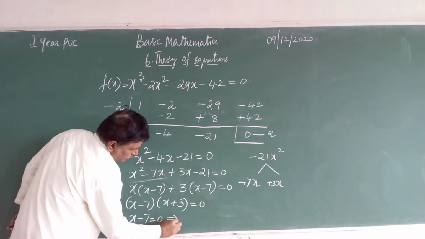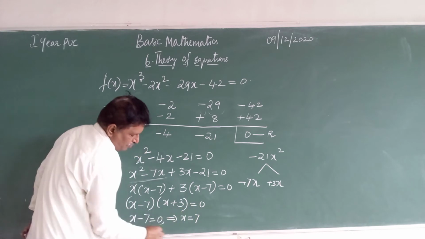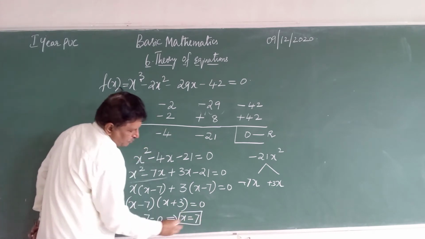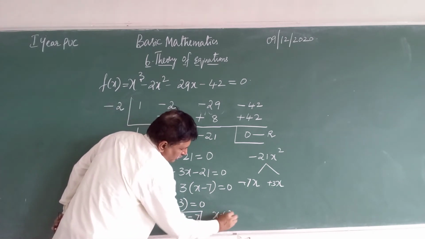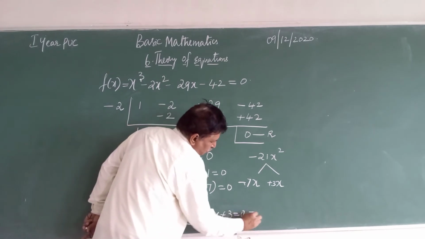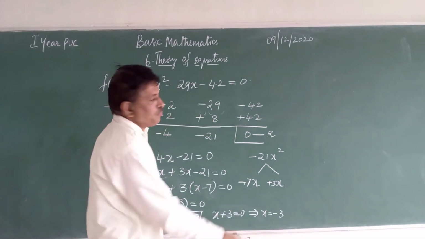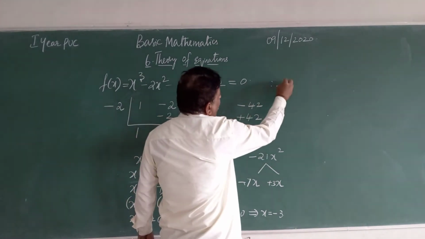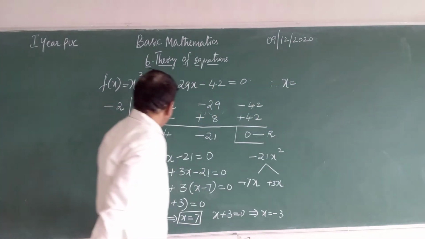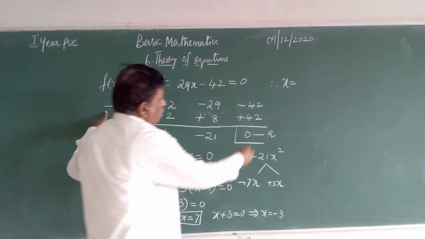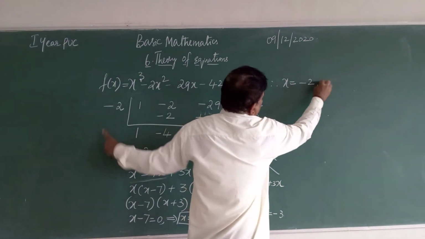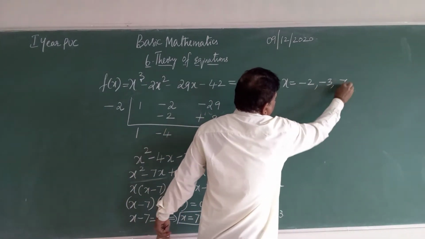This implies x equal to 7, one value. Next, x plus 3 is equal to 0. This implies x equal to minus 3. So therefore, the value of x is, write in order, first minus 2, comma, minus 3 and 7.